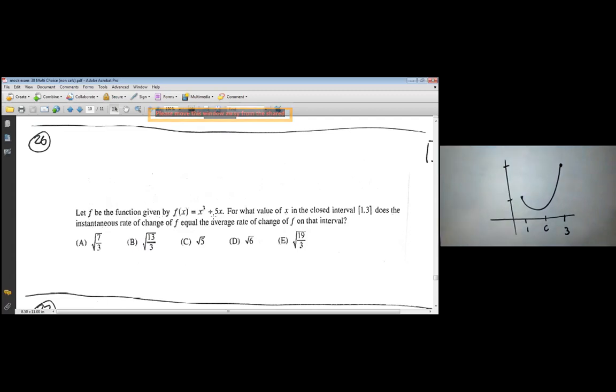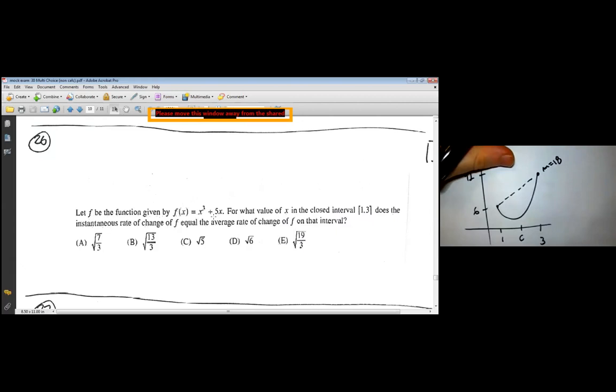If I plug in 1, I've got 6. If I plug in 3, I've got what? 27 and 15. What's that? 42. That would make this slope 42 minus 6, which is 36 over 2. That gives me a slope of 18.